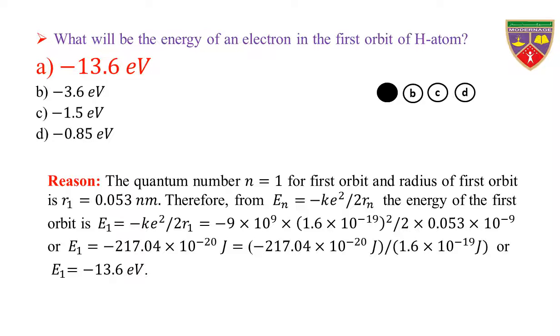Reason: the quantum number n is equal to 1 for first orbit and radius of first orbit r1 is equal to 0.053 nanometer.